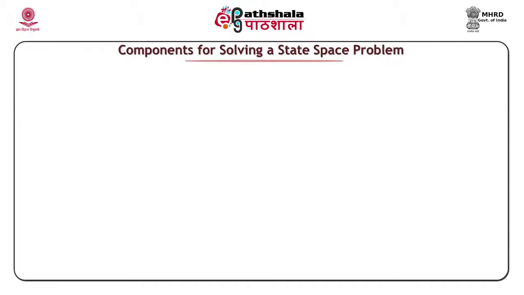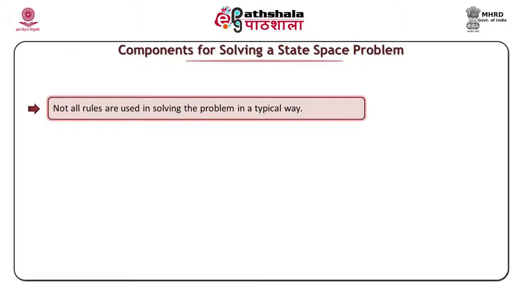Have we solved everything? No. There are few things which are worth pointing out. Okay, first, not all rules are used. We have not used all those rules which we have defined. So, the question is, should we define rules which are not used for solving a problem? How do we know that these rules are going to be useful for solving a problem? Big problem.